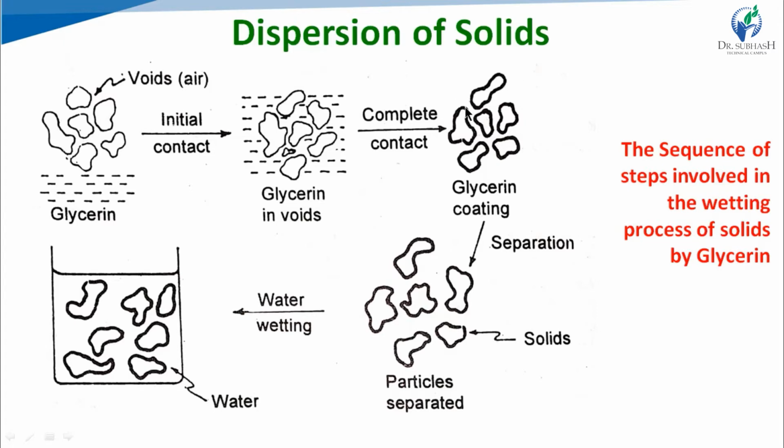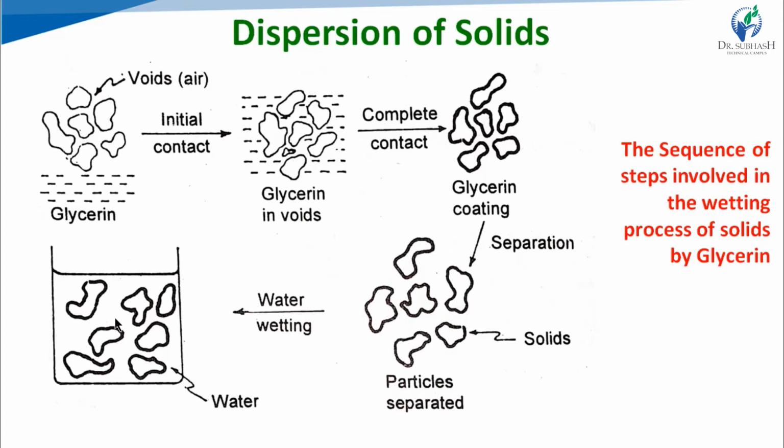Then there will be complete contact, and due to that there will be a coating of glycerin around the particles. Afterwards we separate such particles, and we can see there is a coating of glycerin around them. Such a powder we can then add directly into the water, and it will be easily miscible, or easily wetted, into our suspension or vehicle.